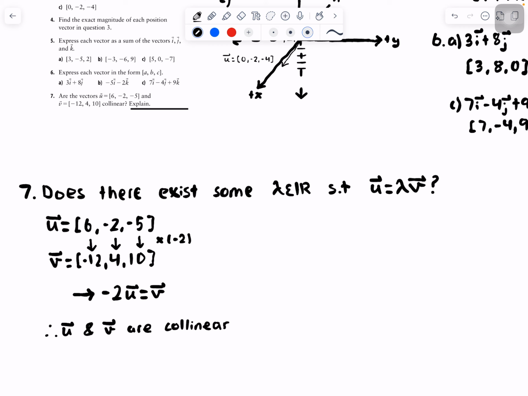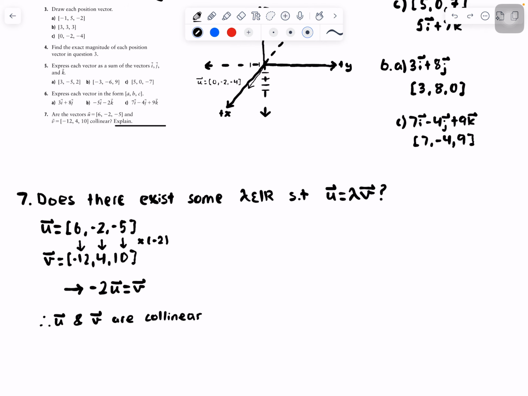In fact, this is what I wrote. I wrote that -2 times the vector u, exactly here, would give me v. So u and v are collinear because there exists some scalar that when I multiply u by it, it gives me v. Or vice versa. I could also use -1/2 v and get u, right? So they're collinear. Good.